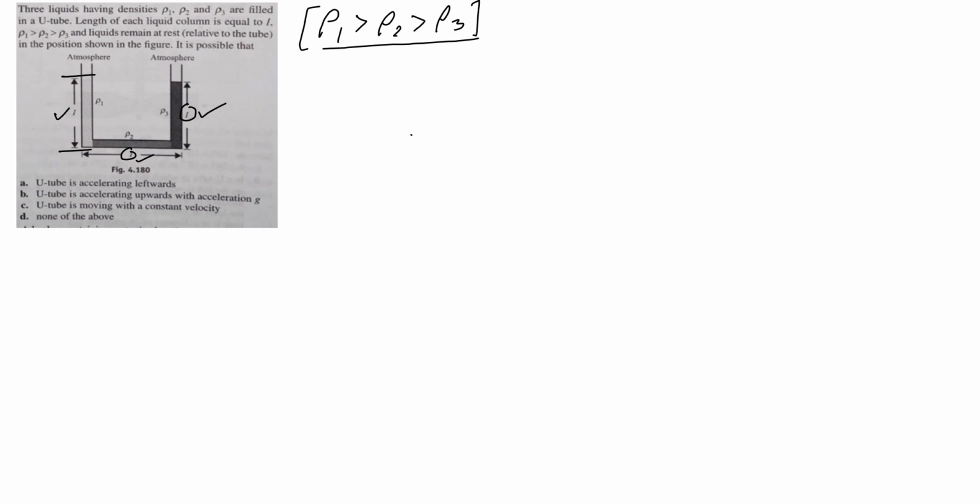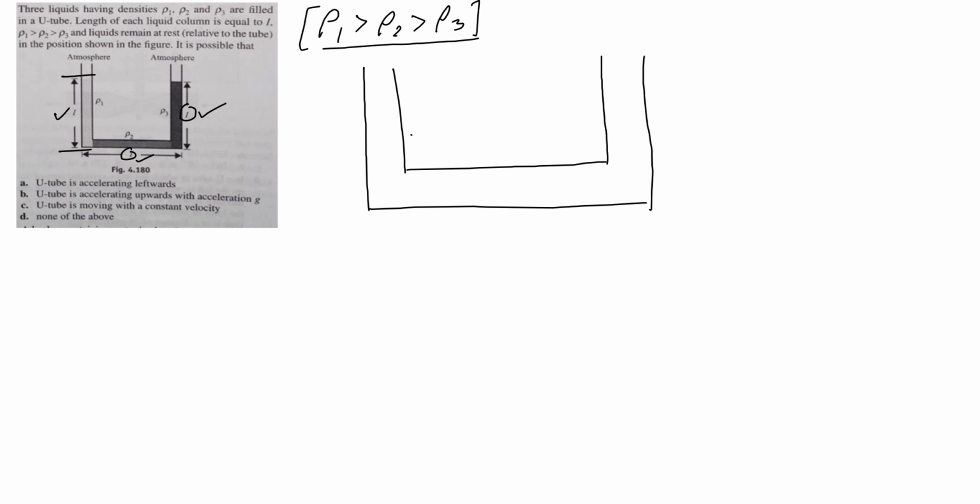Okay, so now we have drawn the vessel like this. In this vessel, we'll draw the figure: suppose this is the first liquid, which we are showing in yellow color.